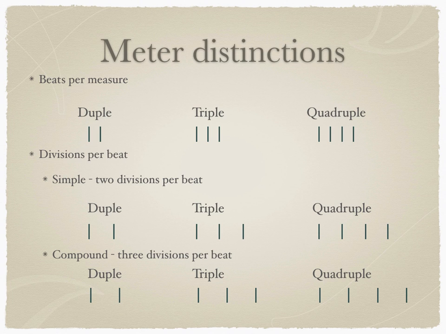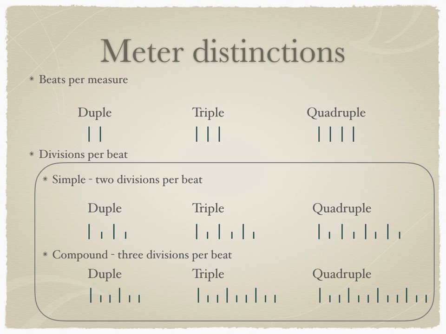In the simple meters, there are 2 divisions per beat, like in simple duple, simple triple, and simple quadruple meters. In the compound meters, there are 3 divisions per beat, like in compound duple, compound triple, and compound quadruple meters. These 6 meter types here are the basis for most of the meters you will encounter.